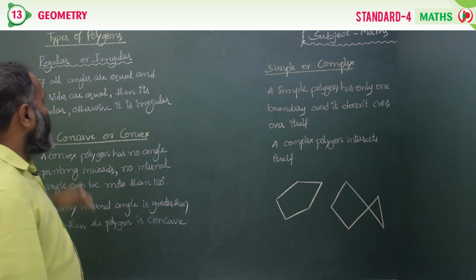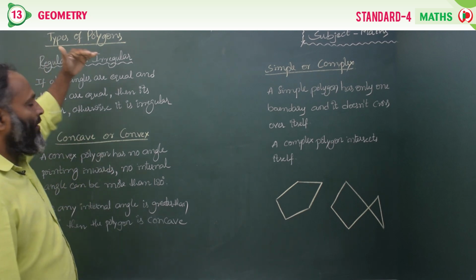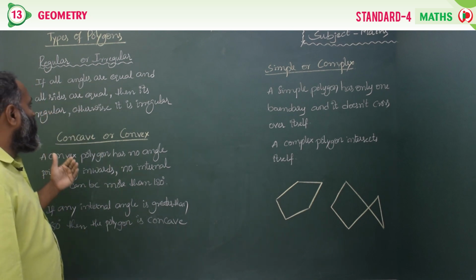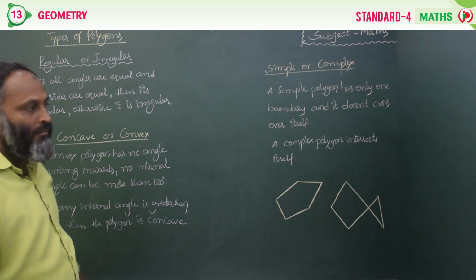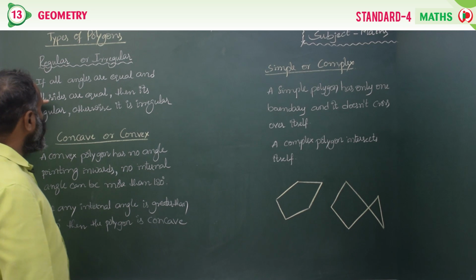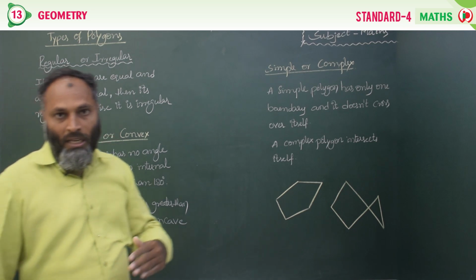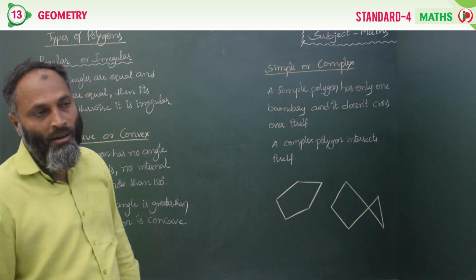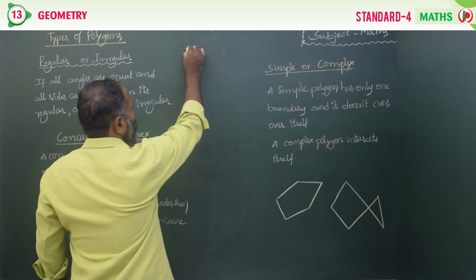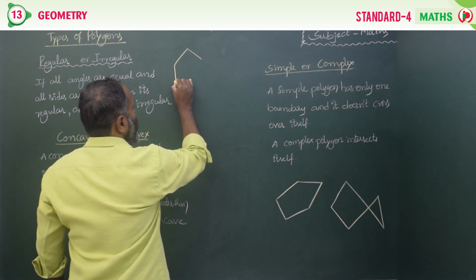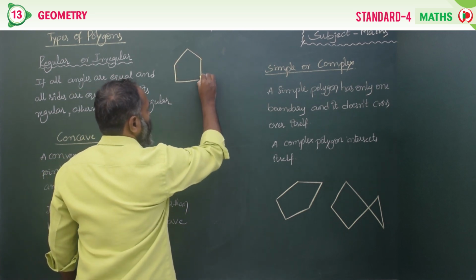For the first type, regular or irregular polygons. What is meant by a regular polygon and what is meant by an irregular polygon? The definition: if all angles are equal and all sides are equal, then that is a regular polygon. Suppose 1, 2, 3, 4, 5.